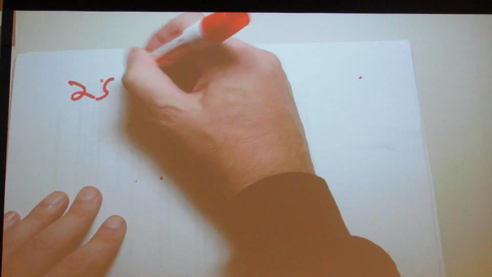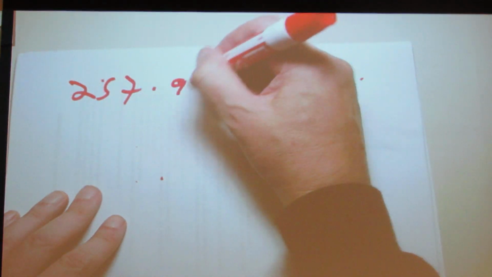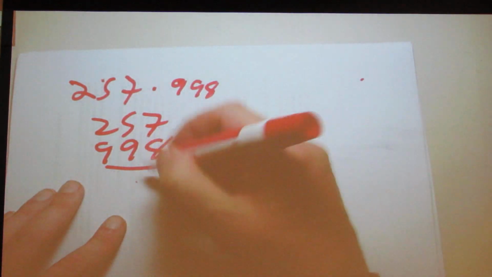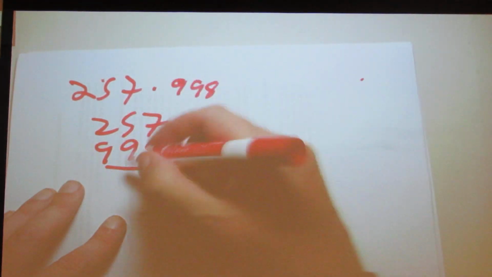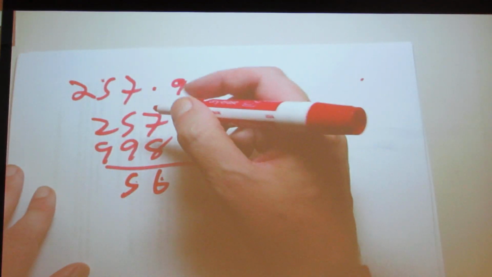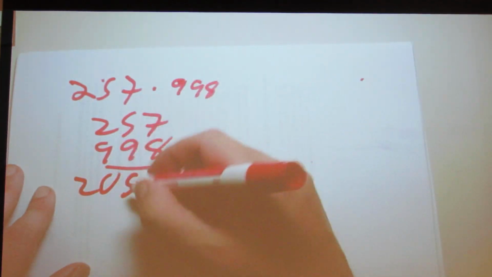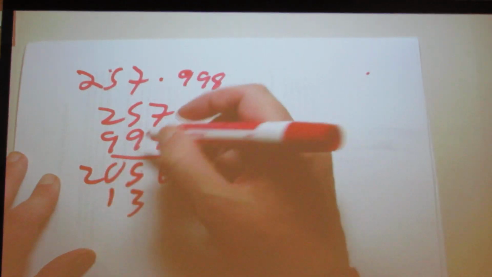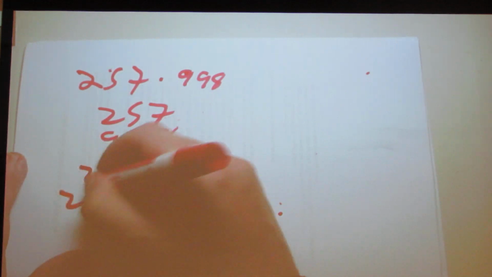You'll also have one where you multiply bigger numbers. Let's say you have 257 times 998. So 257, 998. You multiply the 8, you get 6, 40 and 5 is 45, 16 and 4 is 20, then 9, 63, 45 and 6 is 51, 18 and 5 is 23.